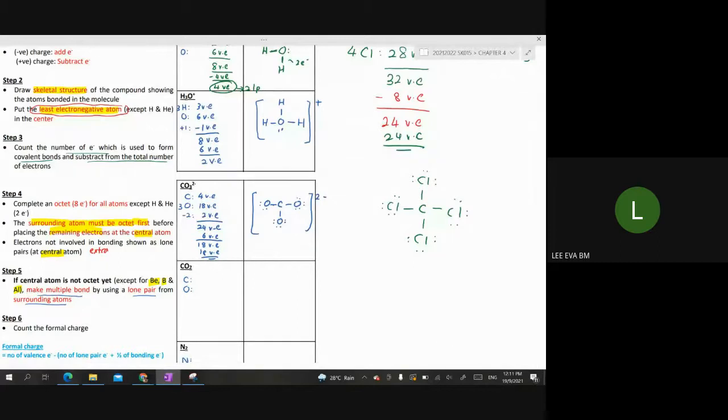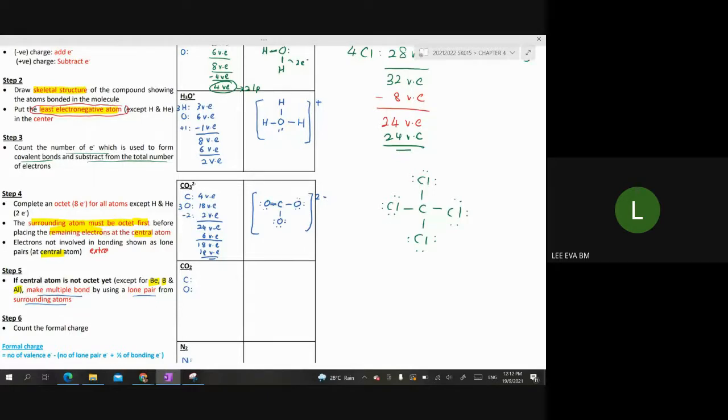Can you see I'm deleting one of the lone pairs? Yes, we saw it. Okay, so this lone pair, 2 electrons, we make it a double bond. So now we only use 2 electrons, one lone pair, shared between oxygen and carbon. So this is your step 5.